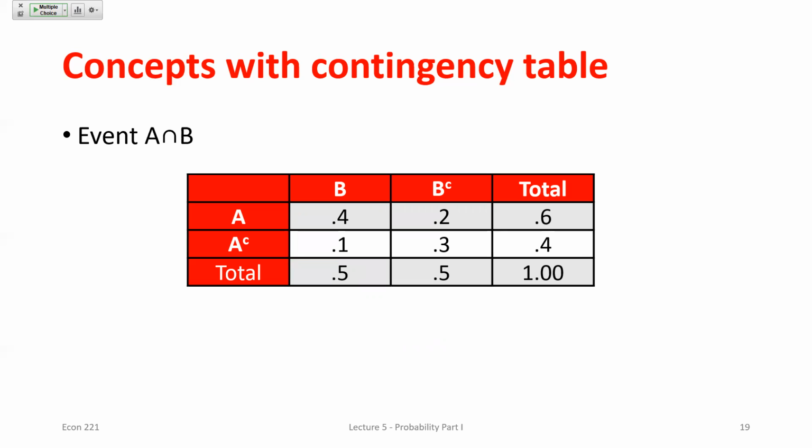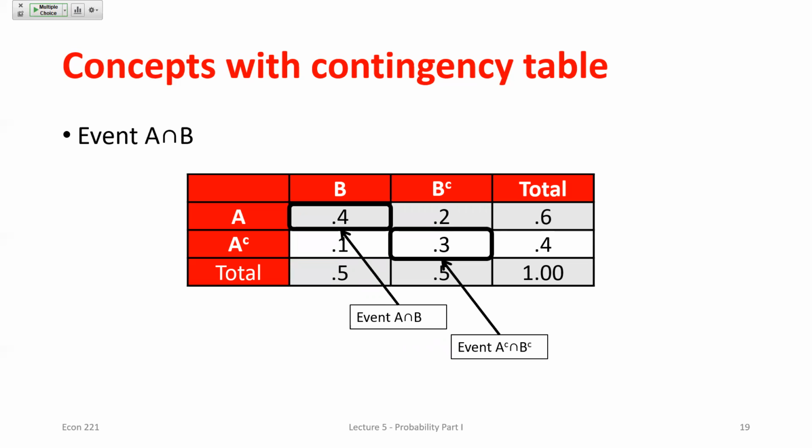So if I want the probability of A and B, that's just going to be 0.4. What if I want the probability of A complement and B complement? That value should be 0.3, right? I go to A complement and B complement, 0.3. So that's how I read this. Okay?